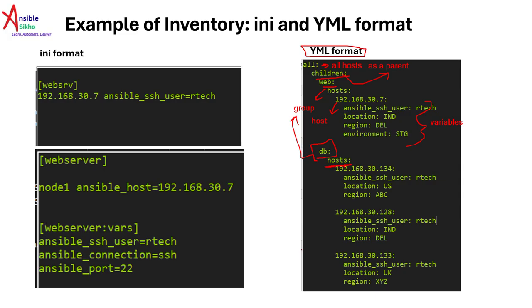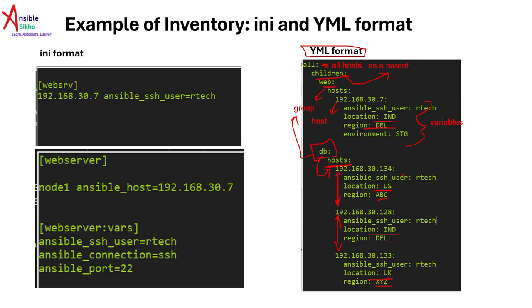This particular group will consist of hosts, and these hosts will have different servers, the target nodes, updated here. So here you can see the location is US, the location is India, the location is UK. Here region and location India Delhi, and the region is ABC, and here XYZ. I have just taken random names here.